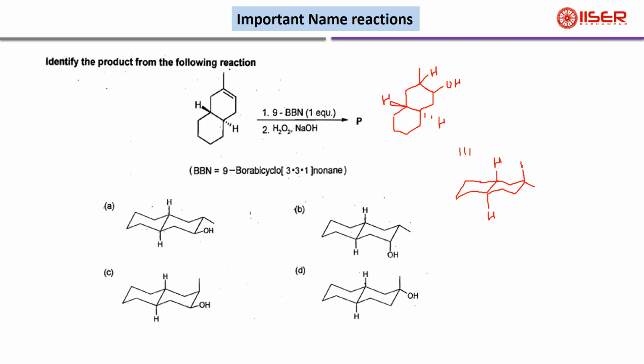One probability is that H and OH both should be above the plane. One probability is this. Another is H and OH both are below the plane.